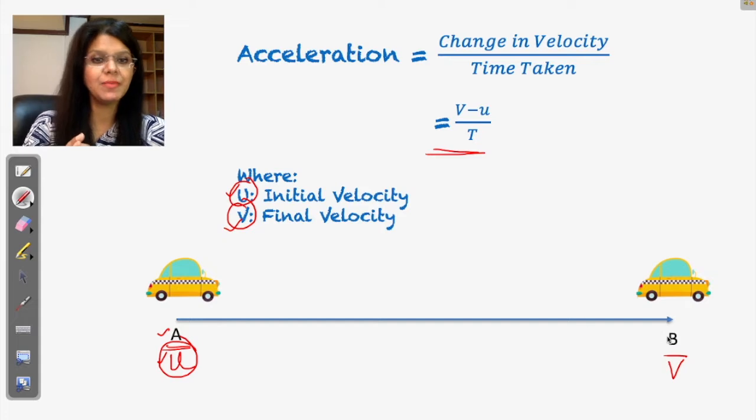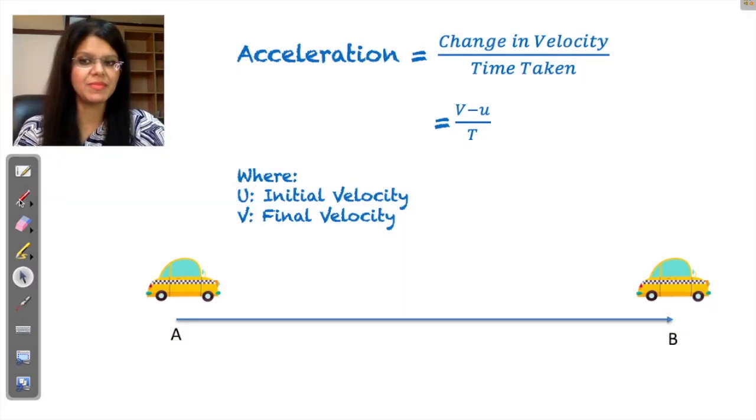And at a later point of time, the car reached B, which was its final position. Therefore, the velocity at a later point of time is called v. It is very, very important to understand this, because this is where many students get confused.